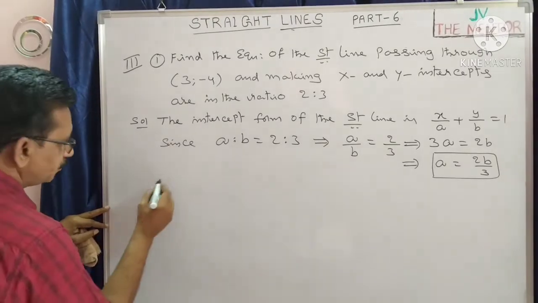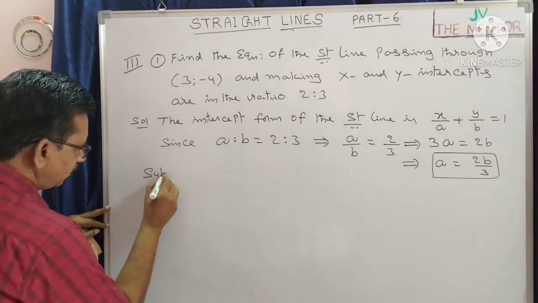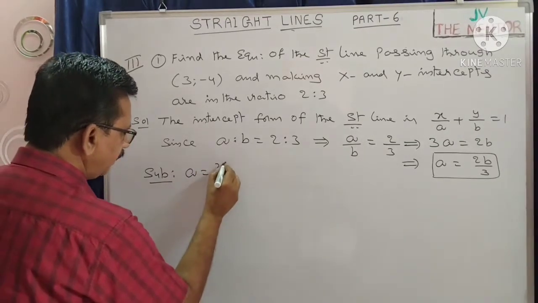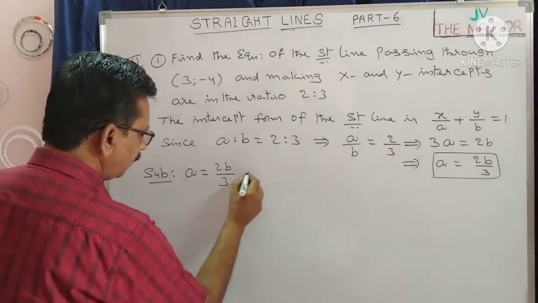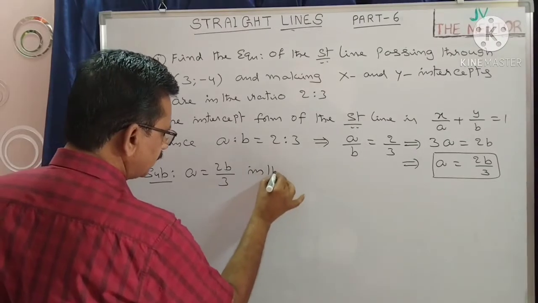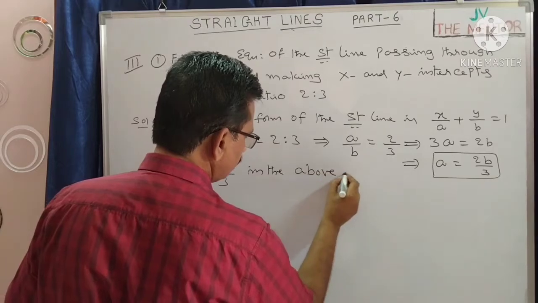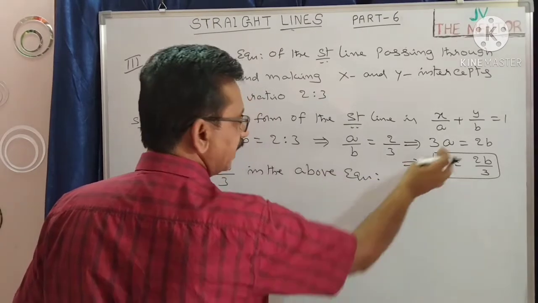So substituting a equal to 2b/3 in the above equation. What is the above equation?